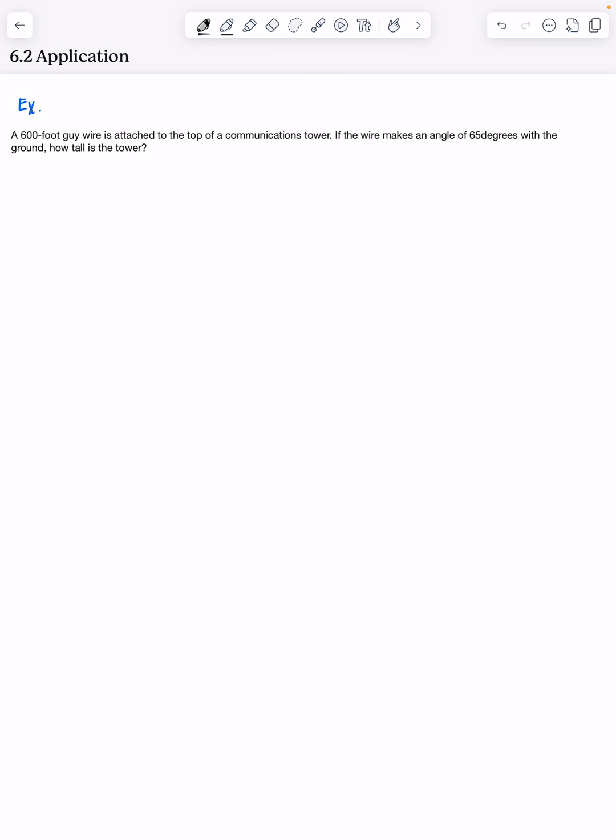Alright, so if I'm going to draw a picture of this, what I'm looking at is a communication tower. And then we've got a guy wire that's attached to it going down to the ground. So we have the ground down here.